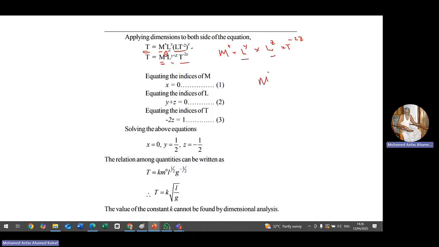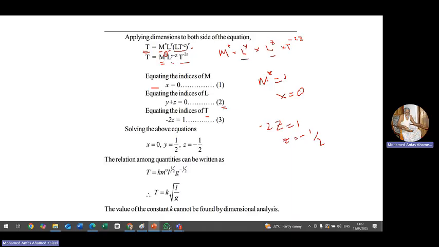So M to the power X should be equal to 1, which means X is equal to 0. Equating the indices of L, Y plus Z is also 0. Then equating the indices of T, minus 2Z is equal to 1. It means Z is equal to minus half.